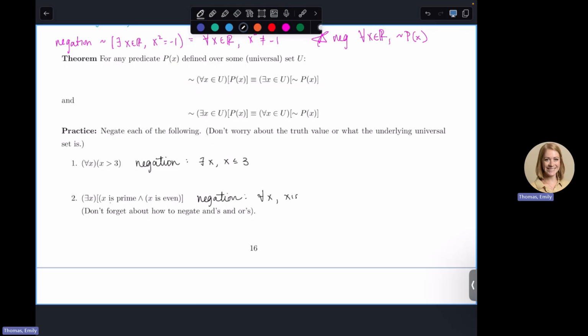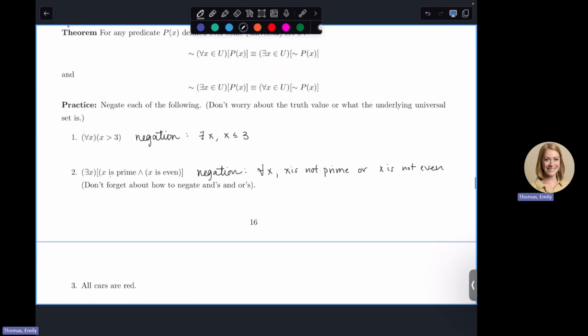So x is not prime, or x is not even. We're doing okay with that? Yeah? Any questions or comments so far? No? Good to go?